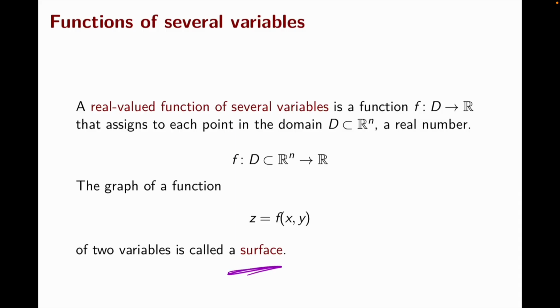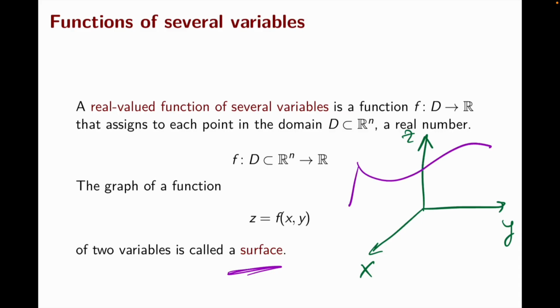So in general, having the same system that we have before with x, y, and z, our function, when we draw all the points, is going to look like some kind of surface like this, something like that.